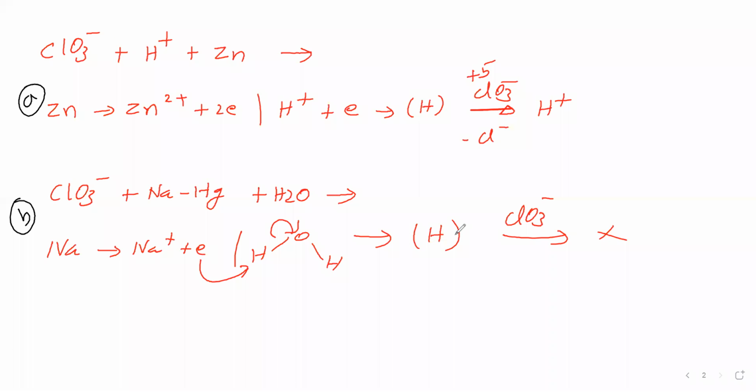That's it. Sir, why? Here nascent hydrogen means H, here also H. Then why do they have different reactivity? Nascent hydrogen means what? H. They have different reactivity, meaning they behave in a different manner.